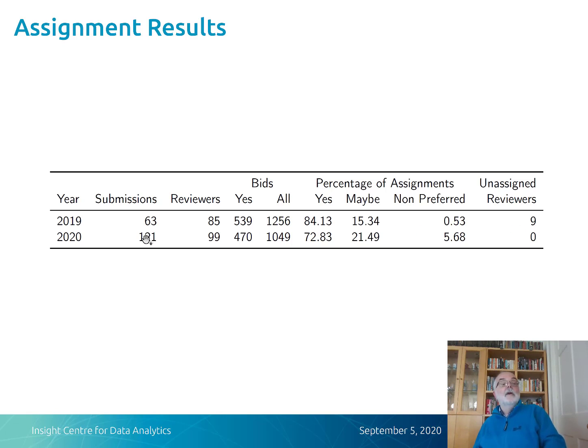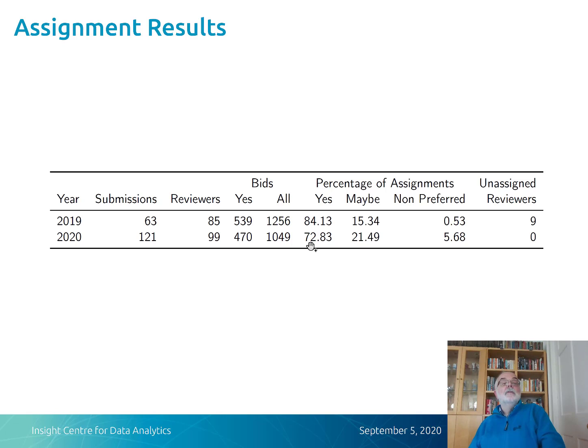For 2020, we have 121 submissions, so about double. This includes all the tracks. We have 99 reviewers, and we have a lower number both for the yes bids and for all positive bids. Even though we have more reviewers, people were bidding for fewer papers, and that has an impact on the quality of the assignment.